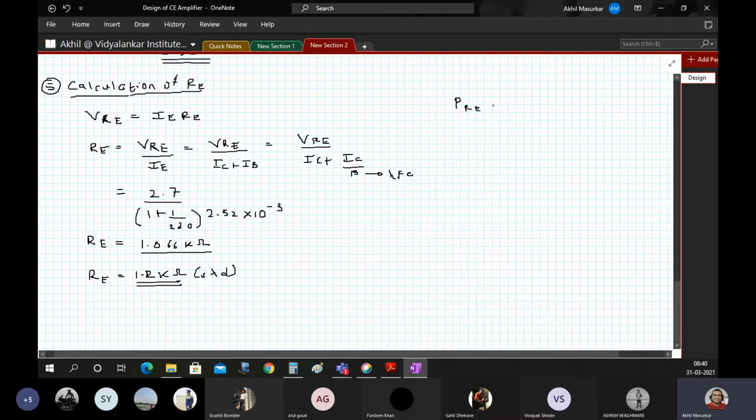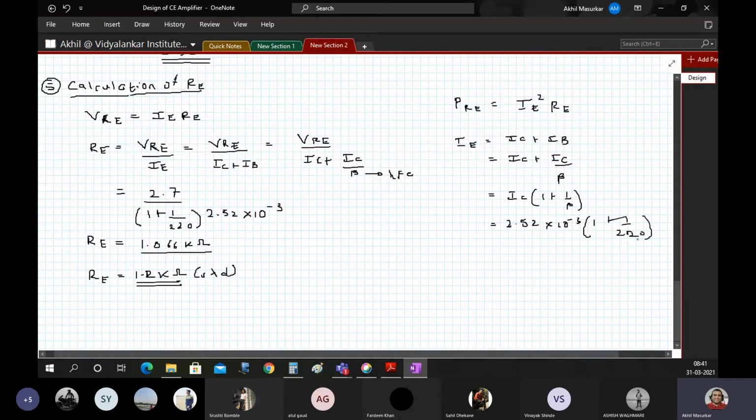So let's calculate PRE. PRE is equal to IE square into RE. But what is IE? IE is IC plus IB, that is IC plus IC by beta, that is IC into 1 plus 1 over beta, which is 2.52 into 10 raised to minus 3 into 1 plus 1 over 220.